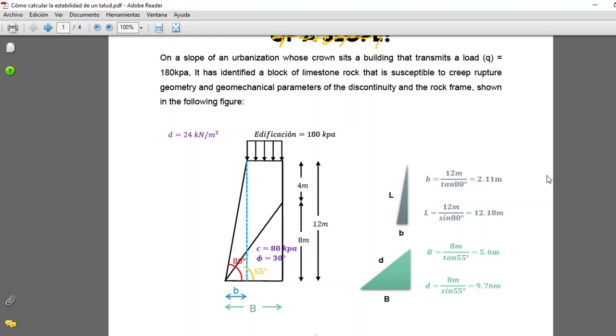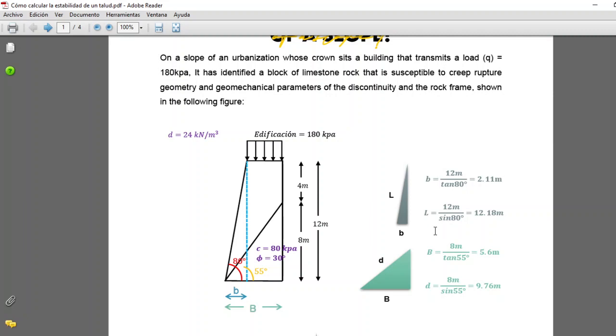We need to divide 12 by the tangent of 80 degrees, and we have 2.11 meters.